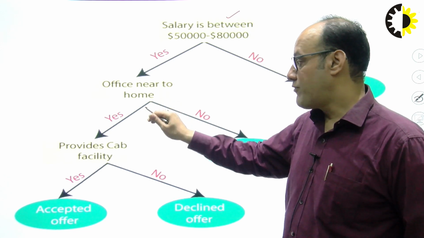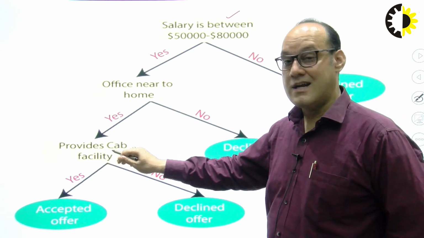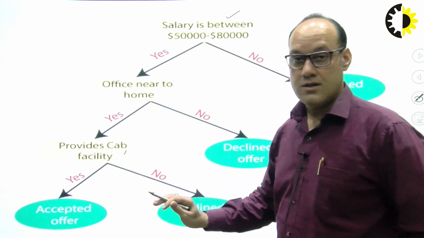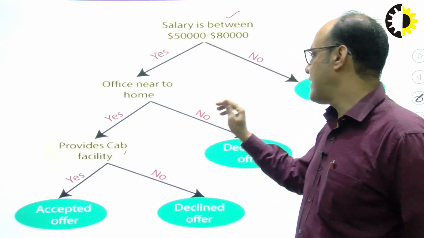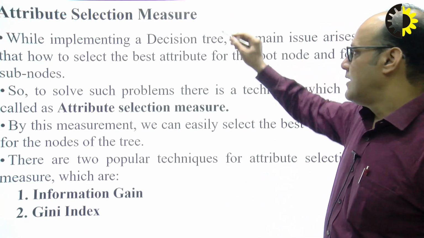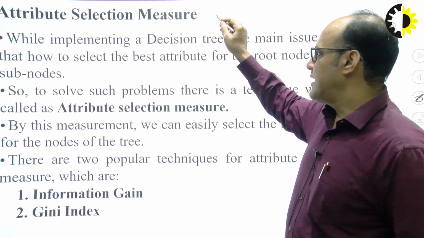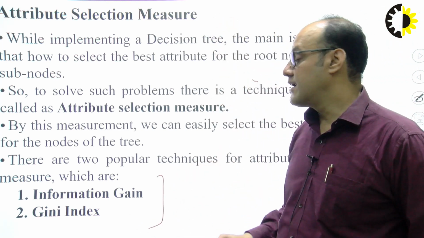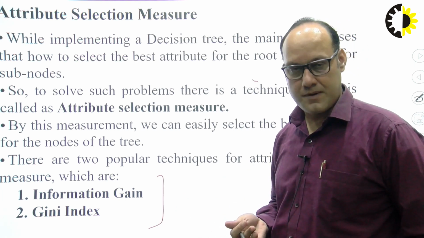If that office is near to my home, then I will check whether that office is providing me a cab facility or not. Then I will accept that opportunity. Otherwise, no will be there. So like this, a decision tree can be made. In decision tree we will use certain concepts here, like information gain and index, that I will discuss in the coming lectures.